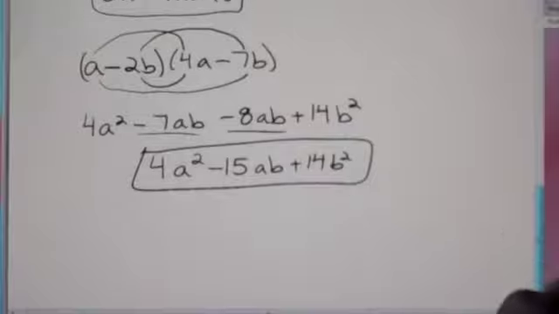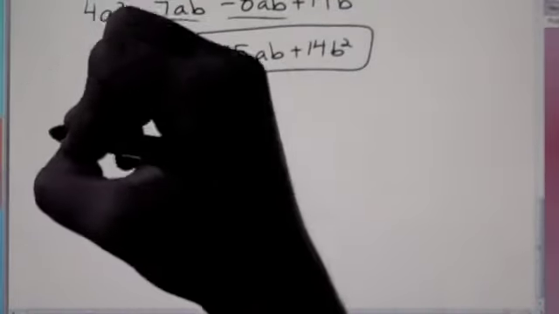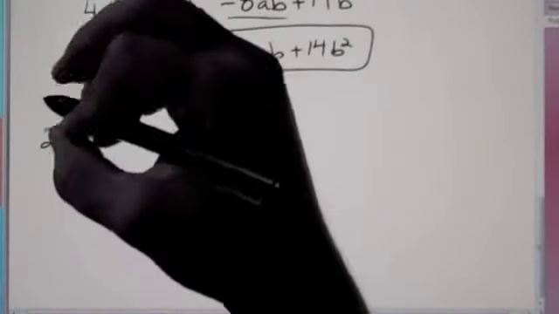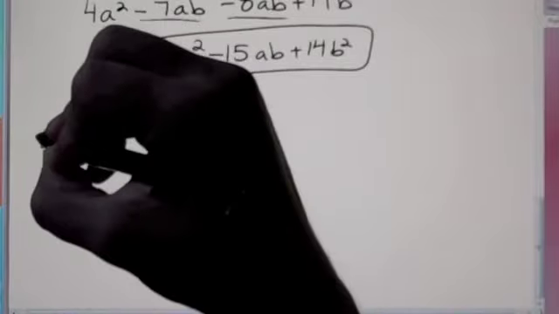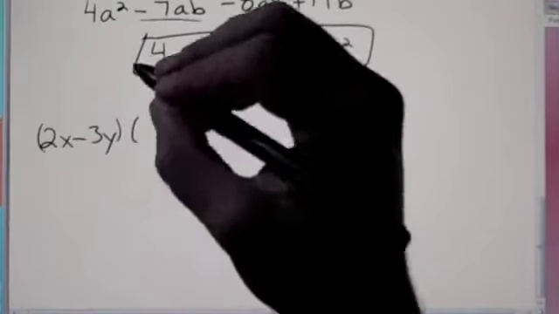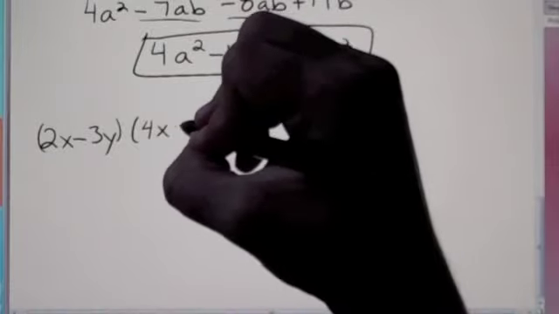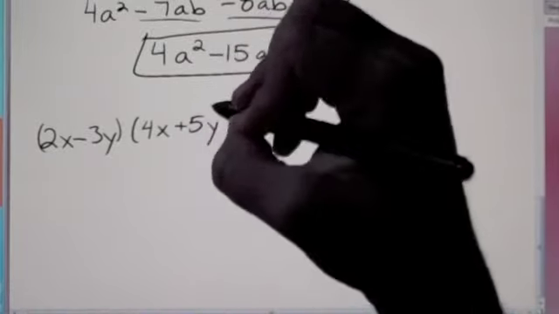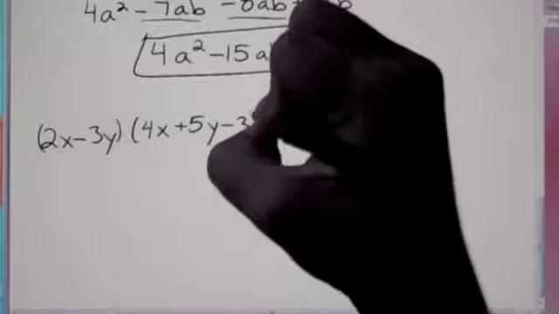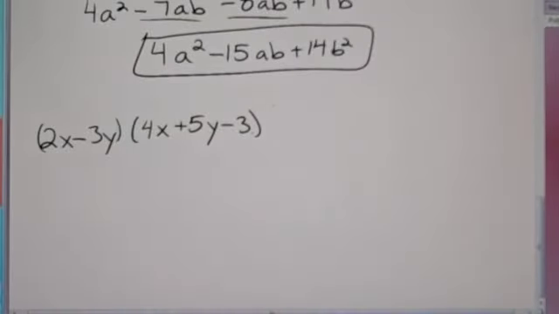This one actually, you do not do the FOIL method for this one because I'm going to add a third term into here, into the second parentheses. So now it becomes a trinomial. 4x plus 5y minus 3. So now when you have a problem like this, you're going to want to distribute both terms from the first parentheses.